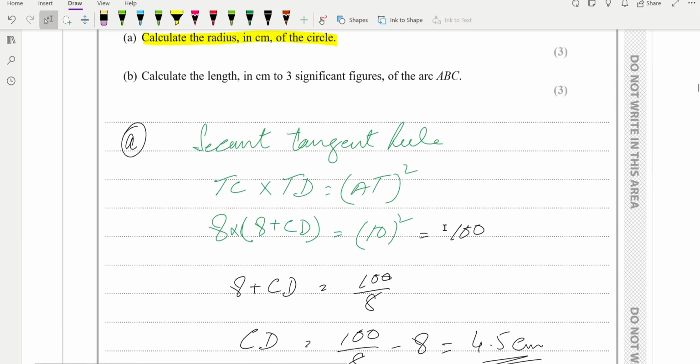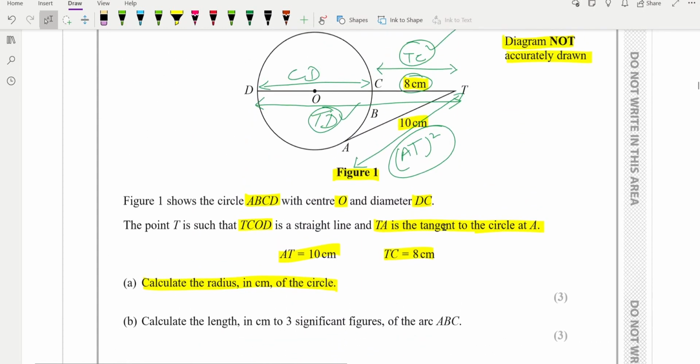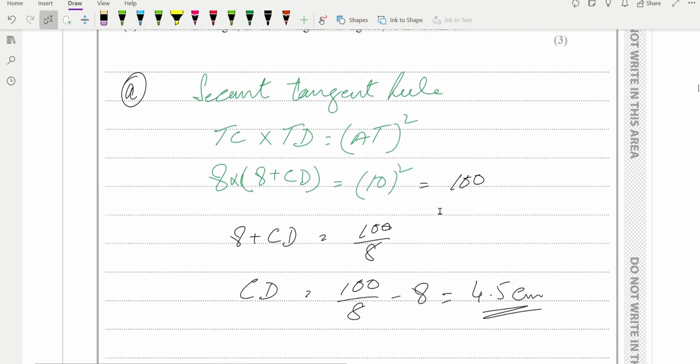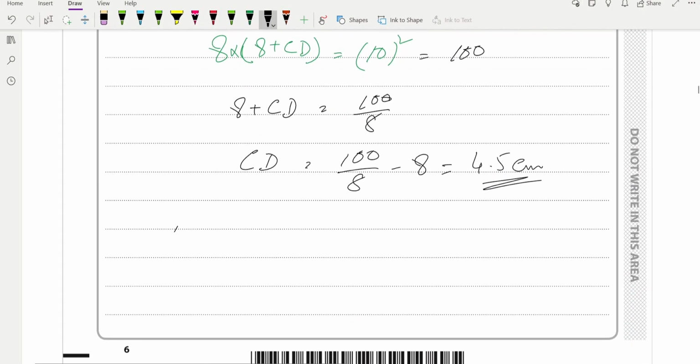This is the CD value, but if you check, CD is the diameter, and they are saying calculate the radius in centimeters of the circle. So CD is the diameter, radius will be equal to half of CD, or CD divided by 2, which is equal to 4.5 divided by 2. Hopefully you are getting everything.